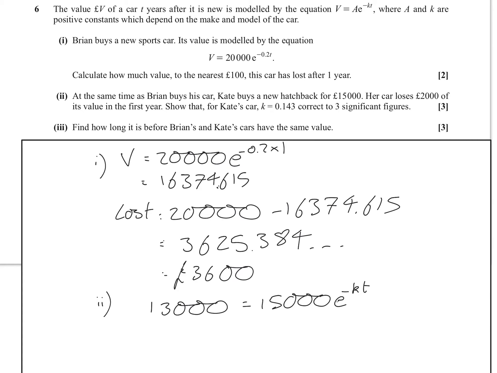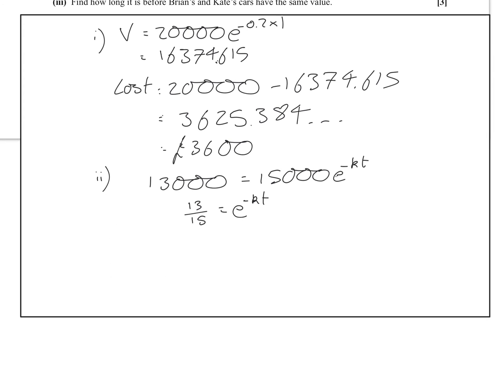Sorry, I wrote that wrong at first. So we divide by 15,000, we get 13 over 15 equals e to the minus kt. t is 1, isn't it? And t is 1, thank you.